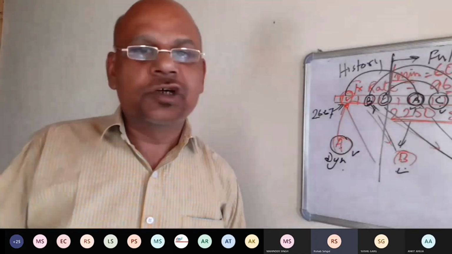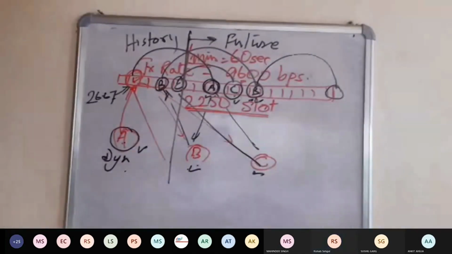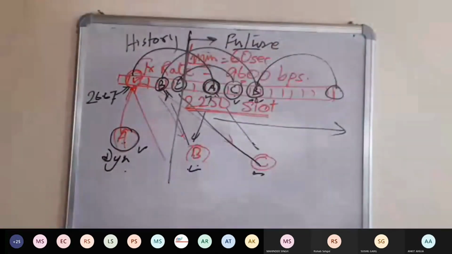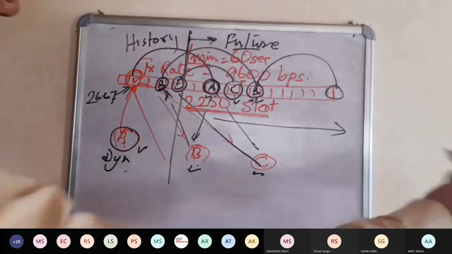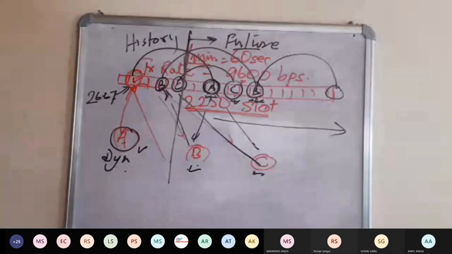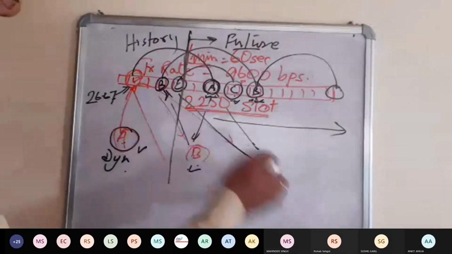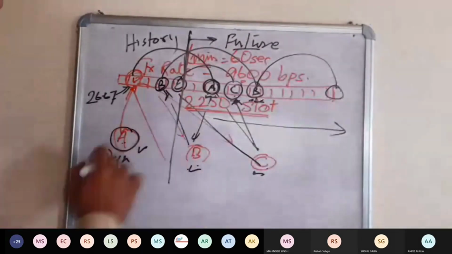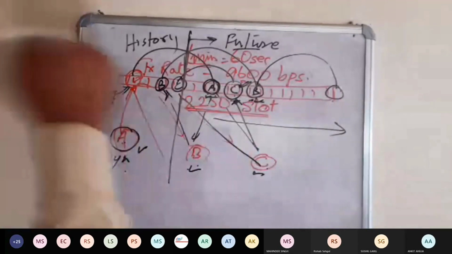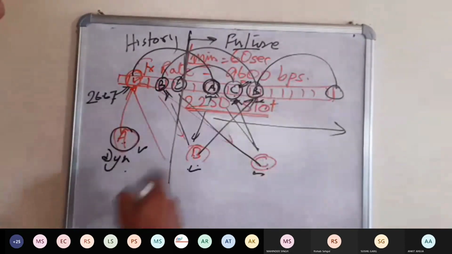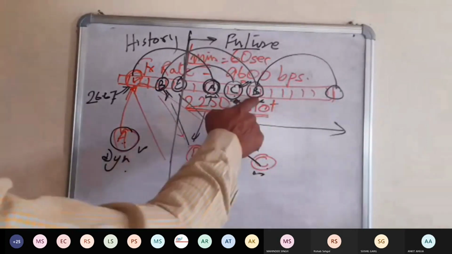Understood? So what is happening is that the future plan is always known to everybody. All the ships which are there, they have their plan known to each of them. सी को पता है कि मुझको यहां ट्रांसमिट करना है, बाकी में इधर उधर नहीं करना। सबको बाकी को पता है कि सी यहां पे करेगा ट्रांसमिट, मुझको यहां नहीं करना। बी का अपना टाइम है, बी को मालूम है कि मुझको यहां ट्रांसमिट करना है। इस समय सी और ए will not transmit.